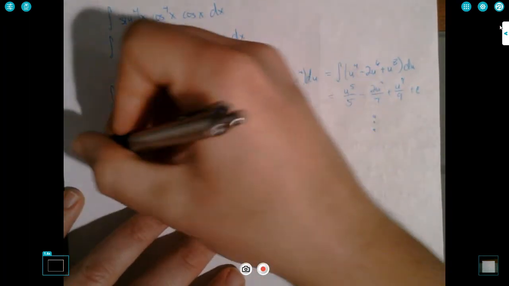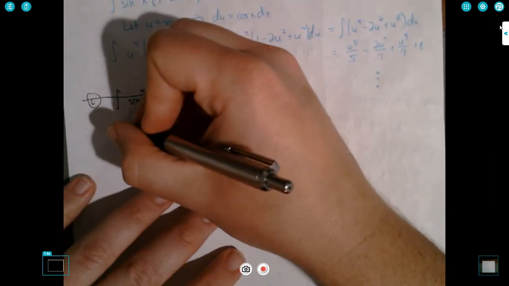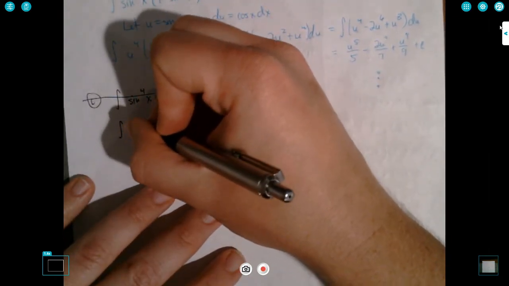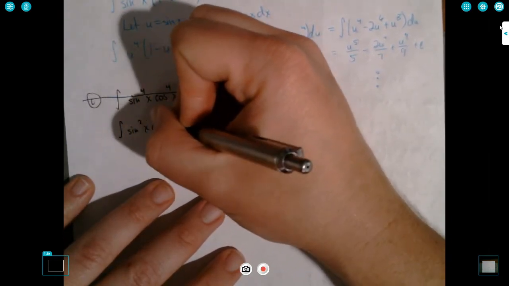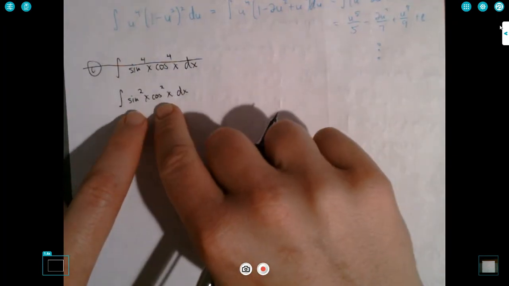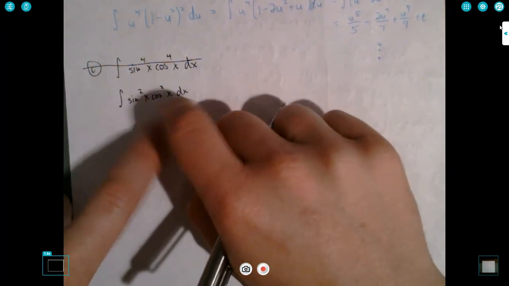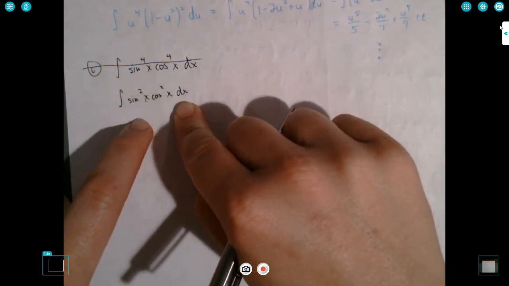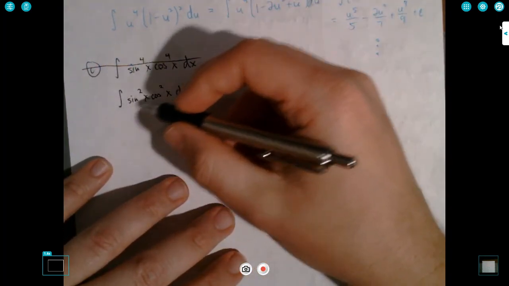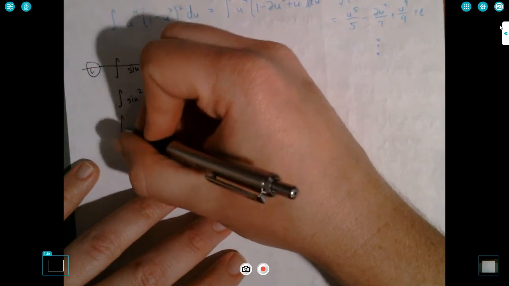We'll come back to this one in a second. Let's say that you just had sine squared, cosine squared. Now, obviously, if I use the Pythagorean identity on both of them, they're just going to end up swapping places, right? And I'm still going to have sines and cosines. The idea is to get it all in terms of one function. So maybe I just rewrite sine as 1 minus cosine.